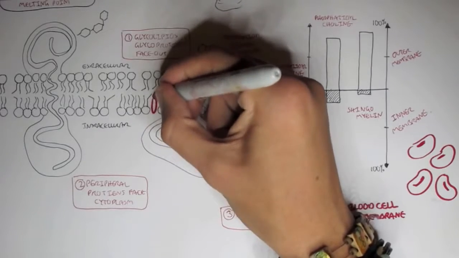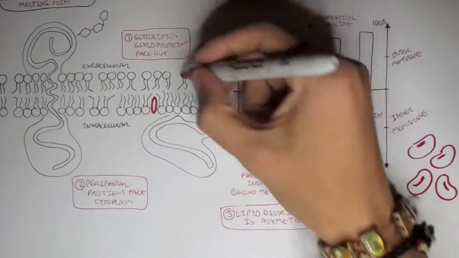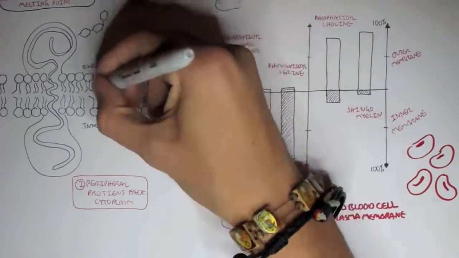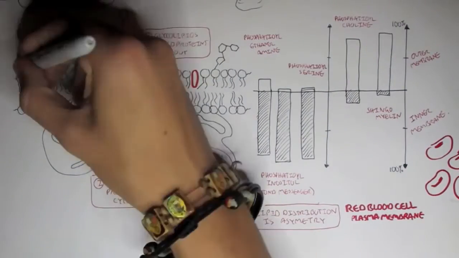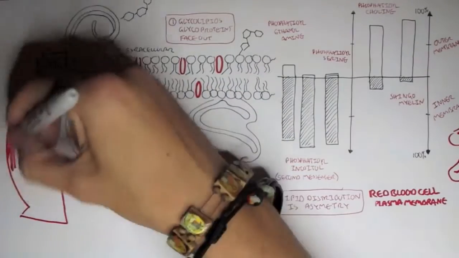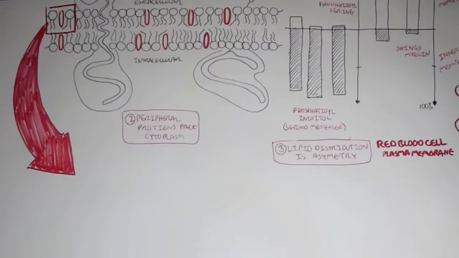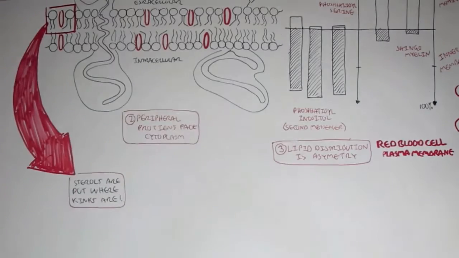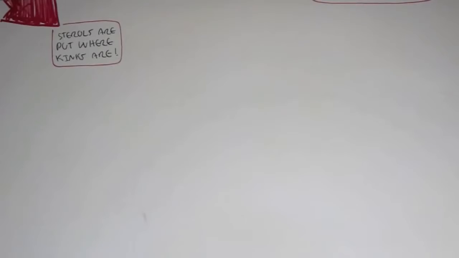Now going back to the lipid bilayer structure, remember the unsaturated fatty acids, which form kinks? Well, they form gaps, essentially, right? As you can see. So what fills these gaps? Well, sterols fill this gap. So let's have a closer look at these sterols again. Sterols are put where the kinks are, where the gaps are, which are formed by kinks.